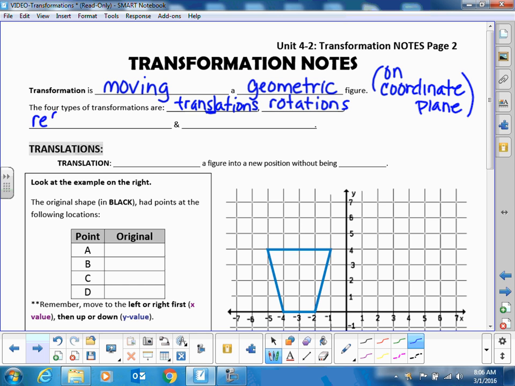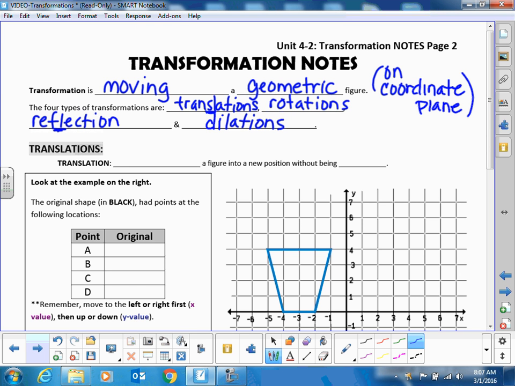The reflection, which flips over the axis, and the dilation, which shrinks or grows. So, our first one that we're going to study is a translation.